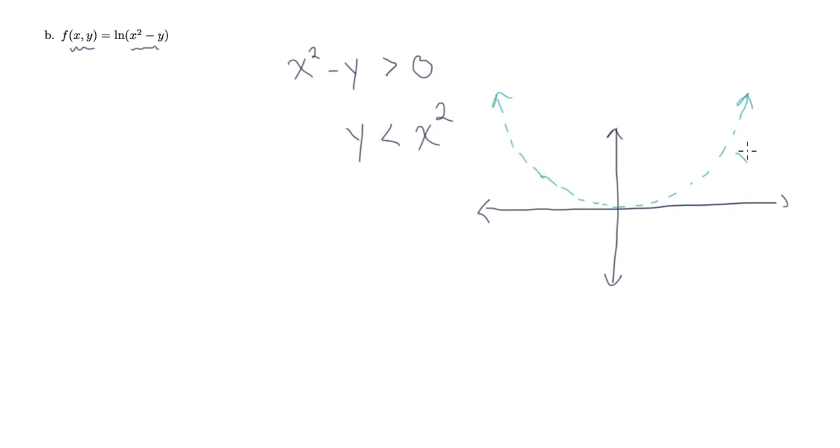This is y equals x squared. And so the points I'm interested in the domain of my function are the points where the y-coordinate is less than this parabola. So all the points in this region below the parabola y equals x squared and not including the parabola because it's strictly less than here.